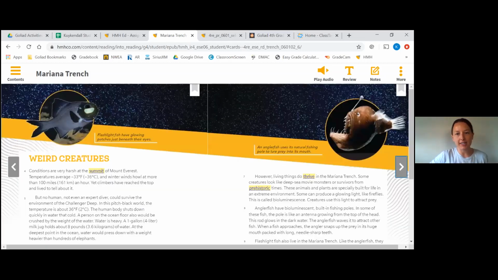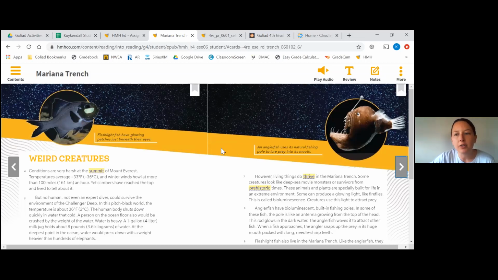Next, I want to take us to this page. So it's talking about how these creatures are very strange and unusual. So do we know why they're so different from everybody else? What makes them unique? Their climates make them unique, and that's what makes them different, so they can adapt to their environment. Very good, Turner.